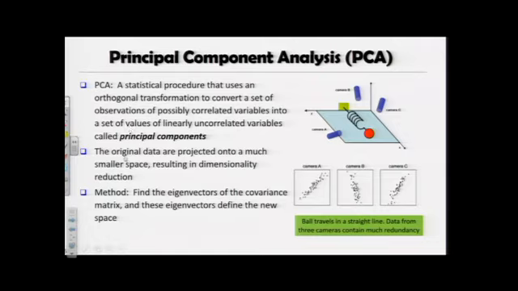How do we transform this? There is a very nice procedure. The procedure is you try to find eigenvectors of the covariance matrix. Remember last time I gave you the covariance matrix? From the covariance matrix, you can compute eigenvectors.